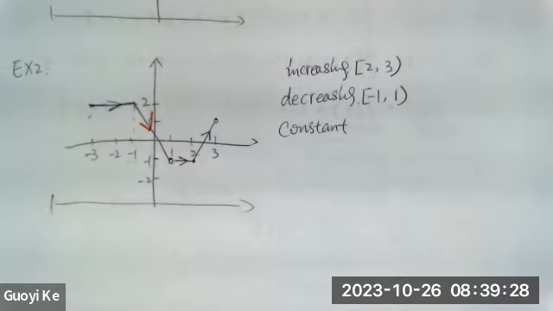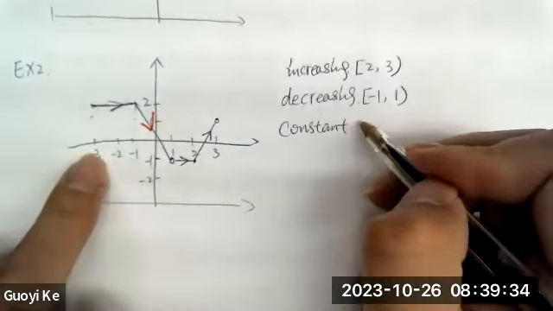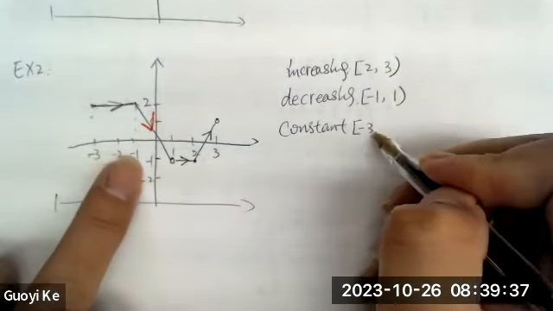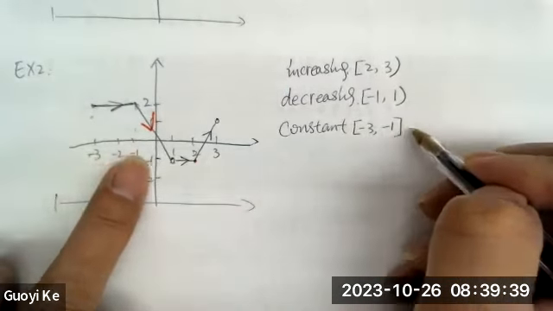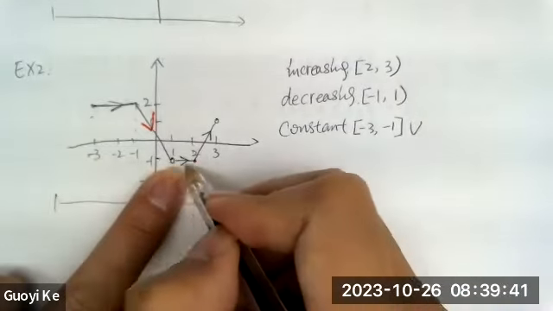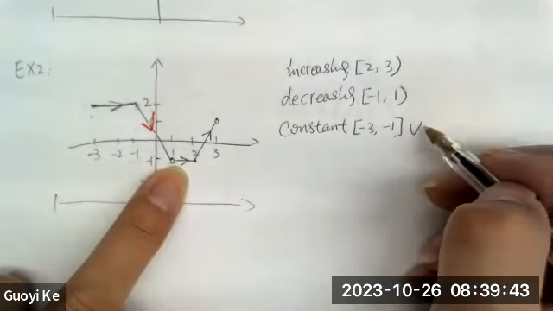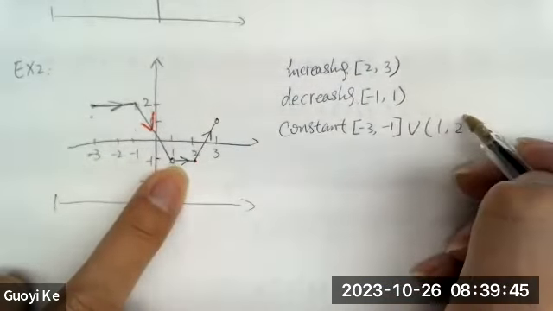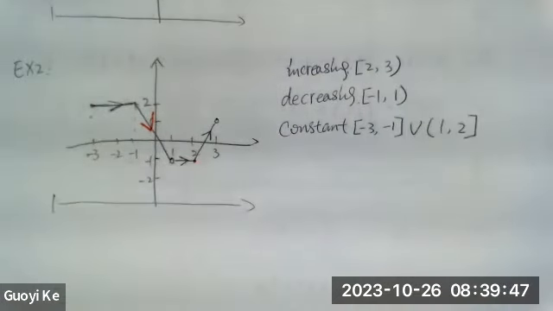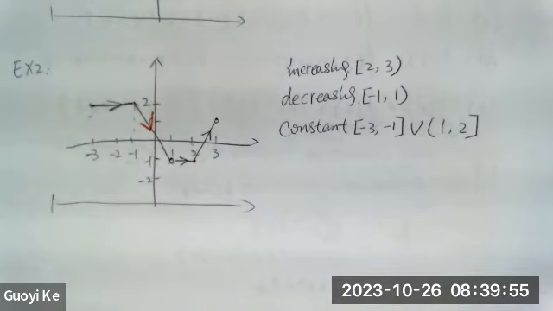So that means we have two intervals, from -3 to -1, union the second part, 1 to 2. Okay, it's always about the x value. Does that make sense? Now I will give you an example to let you try it.